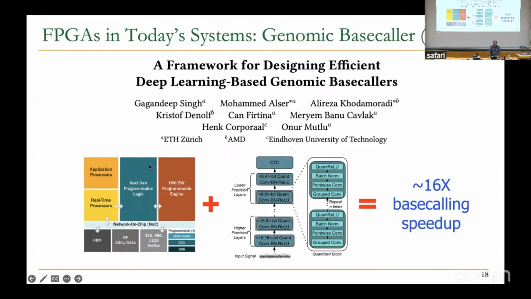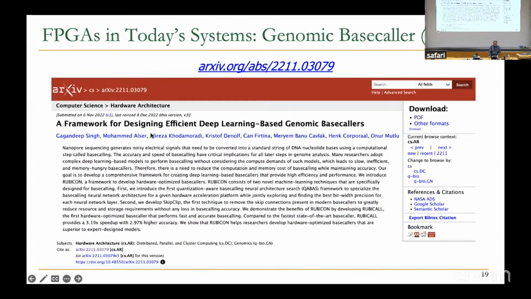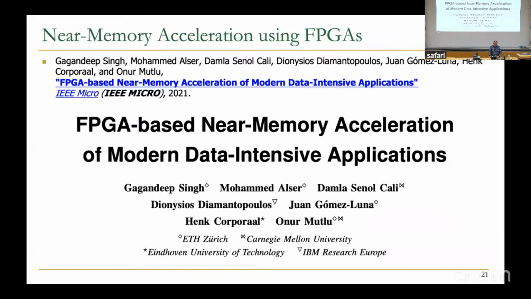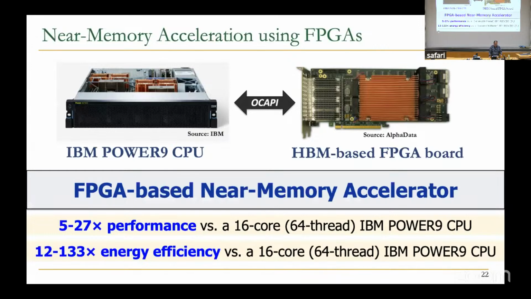Again, this one is also for genomics. We also use FPGAs for weather prediction, stencil applications. So these are different applications that you can accelerate with FPGAs. You don't need to know all the details about them. These slides are just here to motivate you to see how FPGAs can be useful to improve performance.